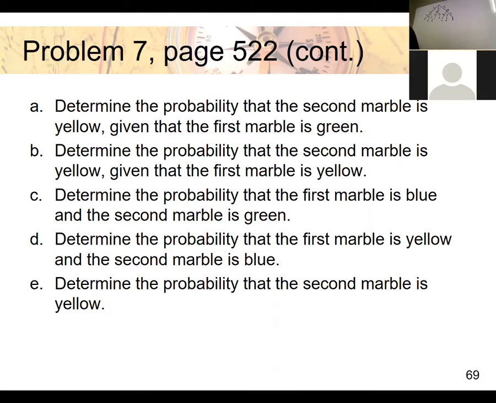Part B, determine the probability that the second marble is yellow, given that the first marble is yellow. Then determine the probability that the first marble is blue and the second marble is green. Part D, determine the probability that the first marble is yellow and the second marble is blue. Then determine the probability that the second marble is yellow.